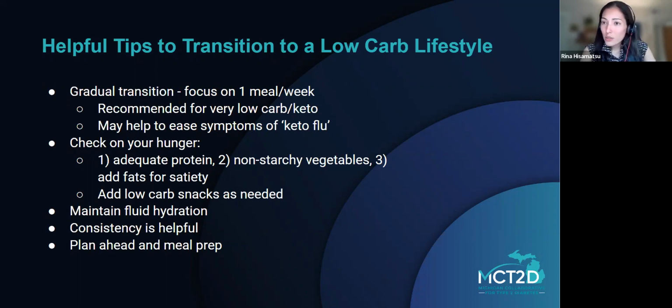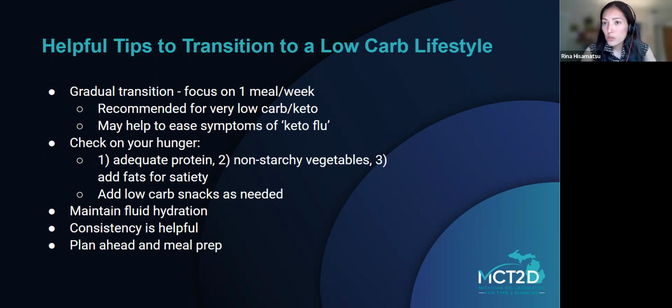So are they getting adequate protein? Do they need to tweak that just a little bit? Do they need to add more non-starchy vegetables? Or maybe it's some fats, maybe adding another sprinkling of nuts to a meal, or having a snack in between can be a helpful tool to help manage their energy and their hunger throughout the day.